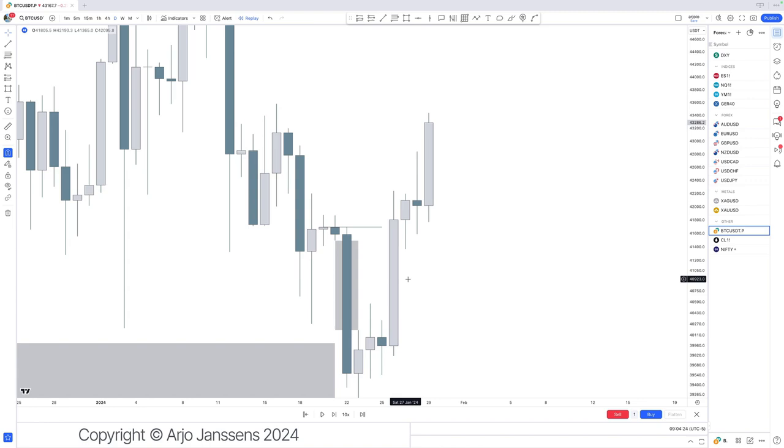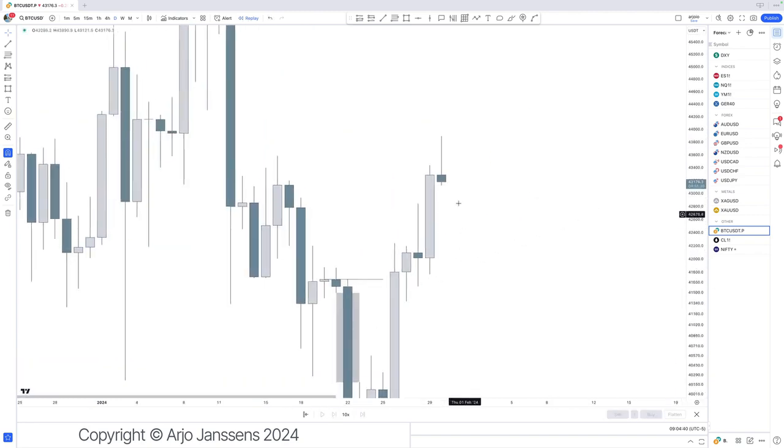Now, it's important to understand here that when we do continue higher off of this breaker already, and we do not have a visually clear retracement into that fair value gap to continue higher, we do not have a new swing low, I would still want to see a new fair value gap being created right there. A new daily fair value gap being created off of that.